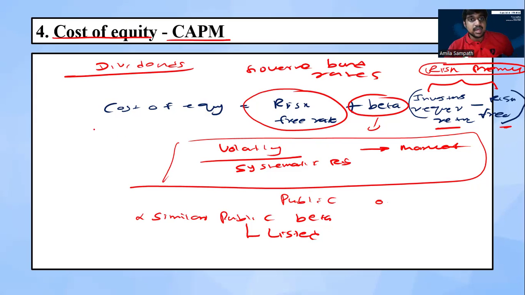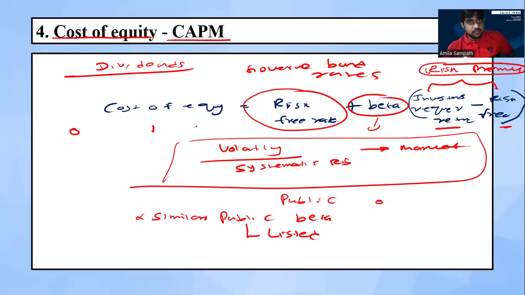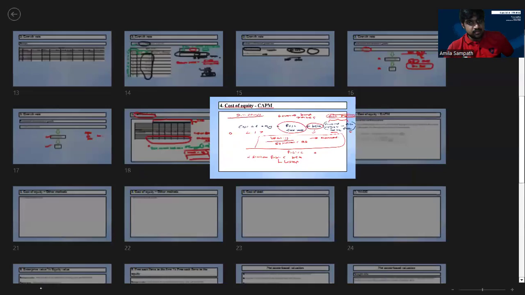Normally beta can be 0, then 1, and also less than 1 and higher than 1.